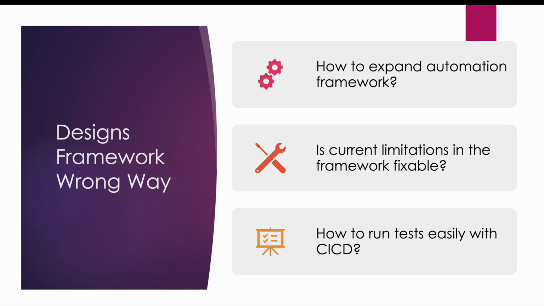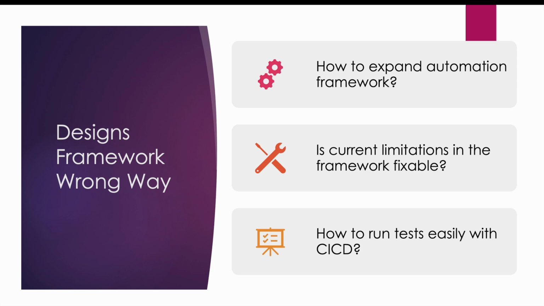Whatever limitations you have decided on while designing the framework, you may have decided, okay, this is a limitation right now, but will it be fixable in future? If you don't like this limitation or you need to overcome it, there should be some way to fix that. It should not be that we now need to change the tool itself, right? And how to run these tests easily with CI/CD.